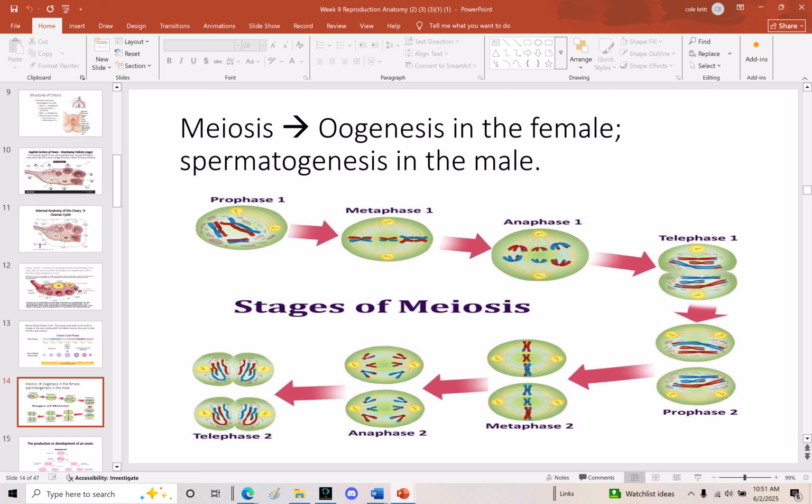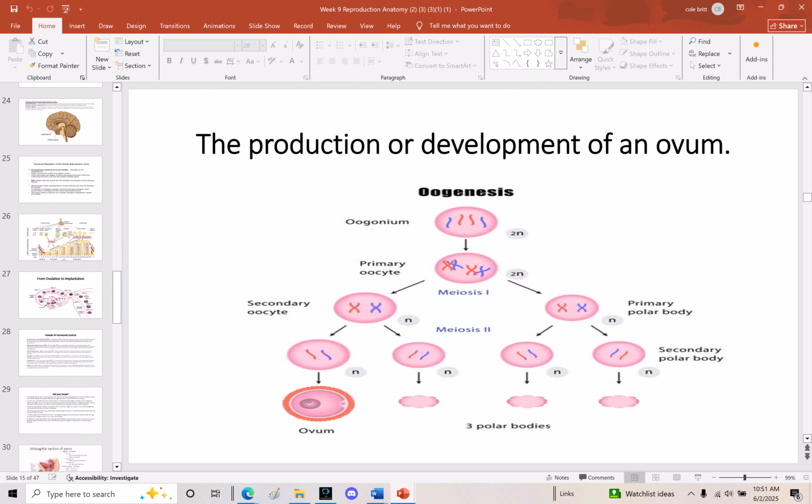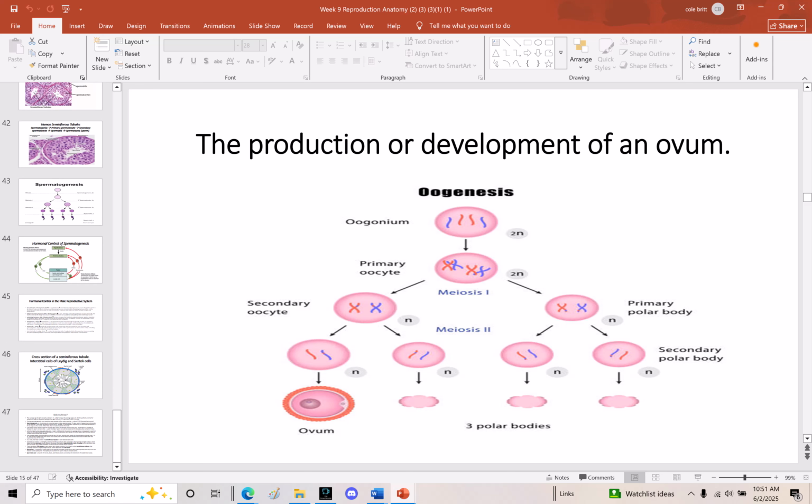All right, so here's where I'm going to stop. Here we have the ovum, making the primary oocyte, dividing it into secondary oocytes. Then those secondary oocytes divide again.